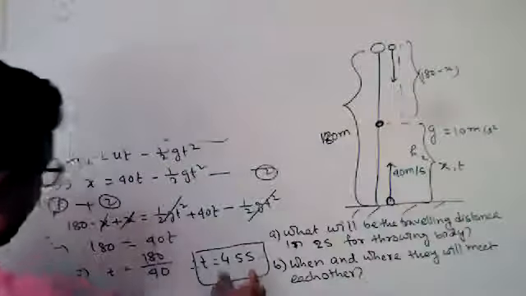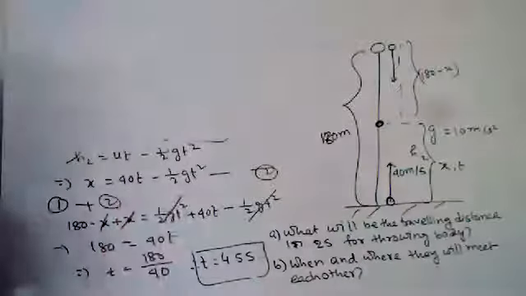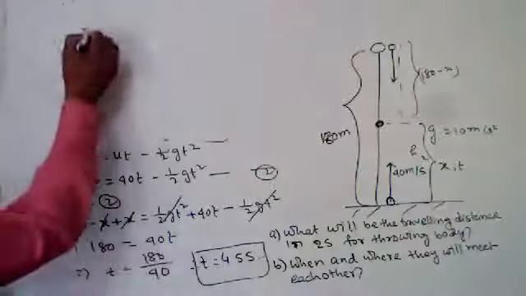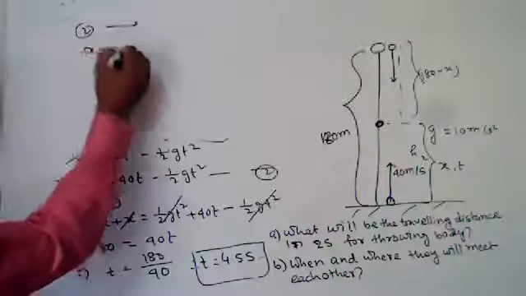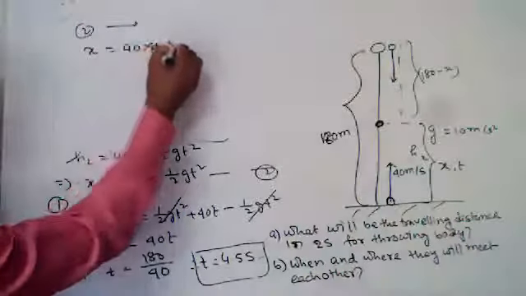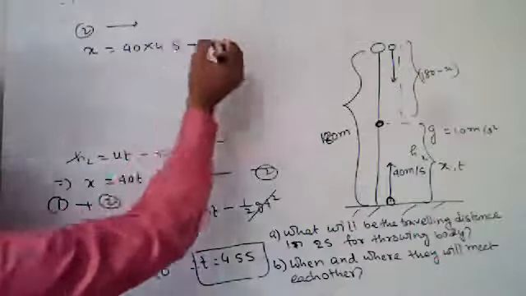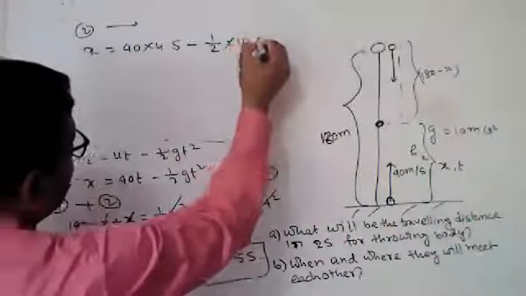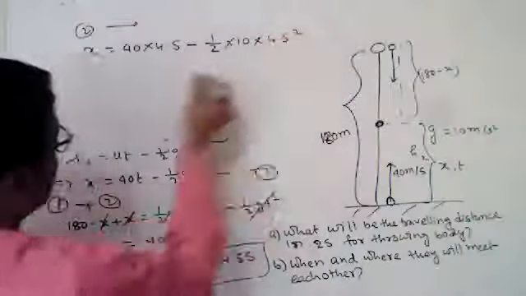If you put the value of t in equation number 2, then you can know the value of x. Now from the second, x equals 40 into 4.5 minus half into 10 into 4.5 the whole square.